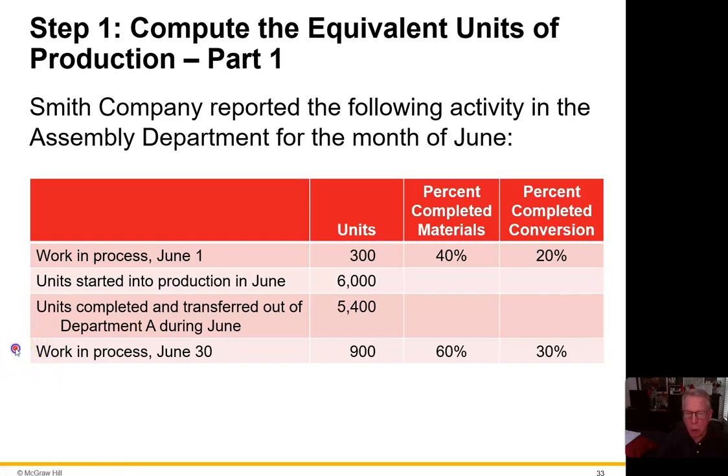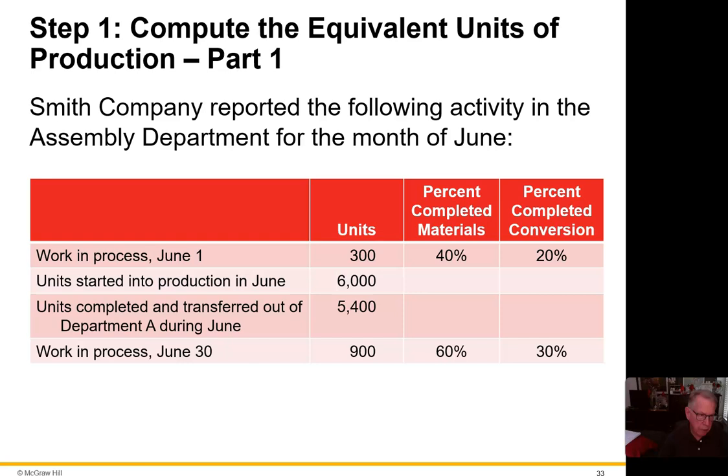And here is our work in process ending. The beginning 300 units were 40% complete with respect to materials and 20% complete with respect to conversion, that would be direct labor and overhead, whereas ending work in process was 60% complete with respect to materials and 30% complete with respect to conversion.